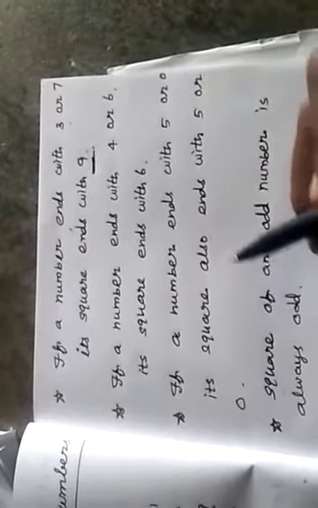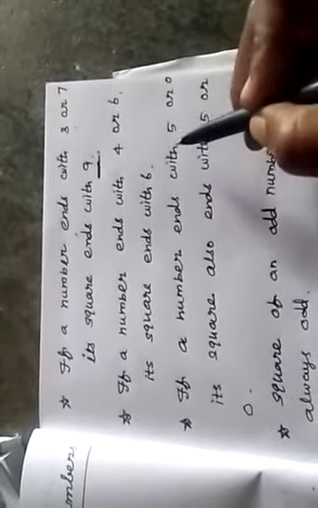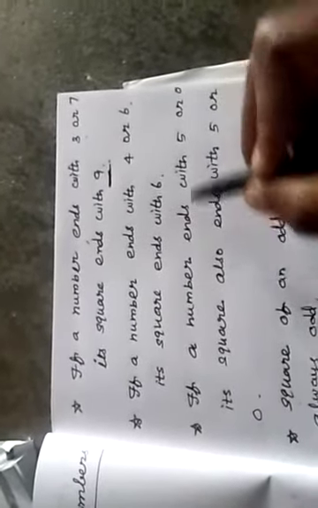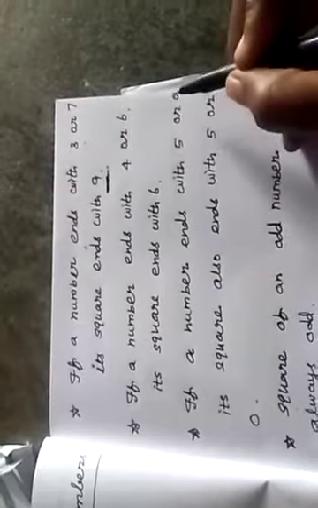Next point: if a number ends with 5 or 0, its square also ends with 5 or 0. If we take a number ending with 5, its square also ends with 5 only. If we take a number ending with 0, its square ends with 0 only.